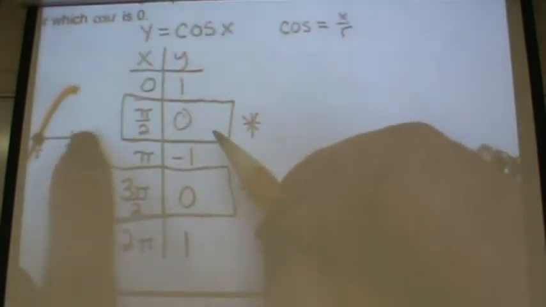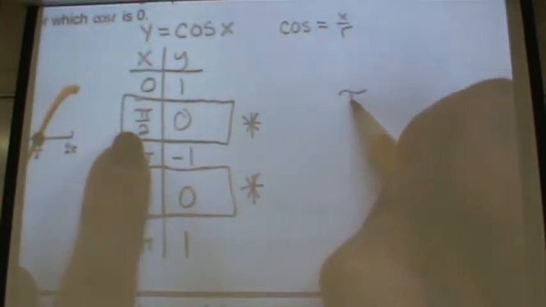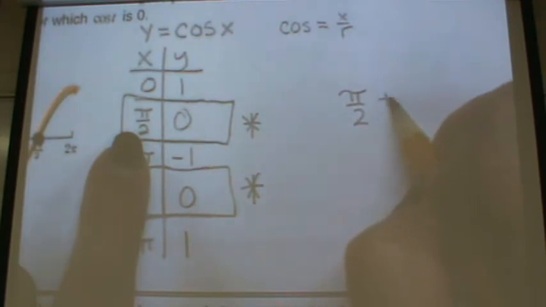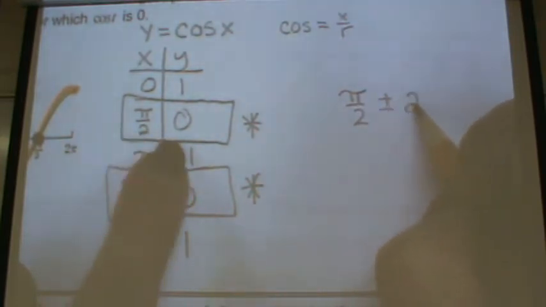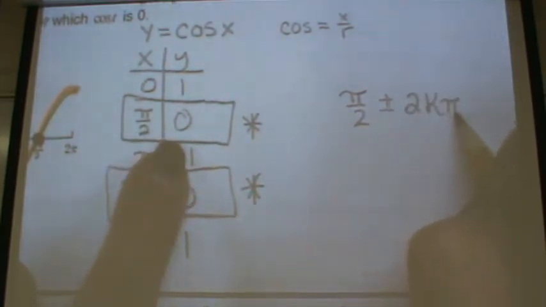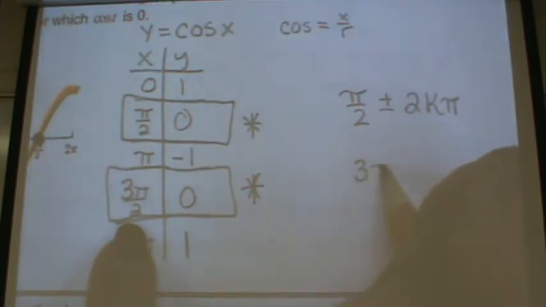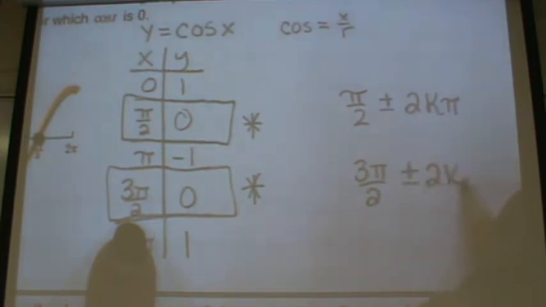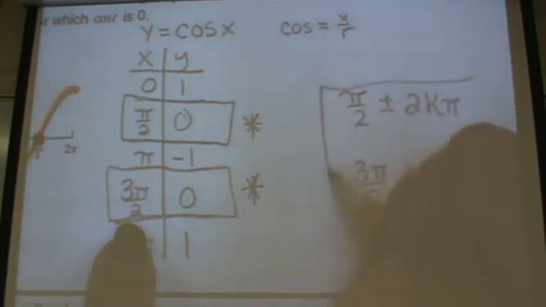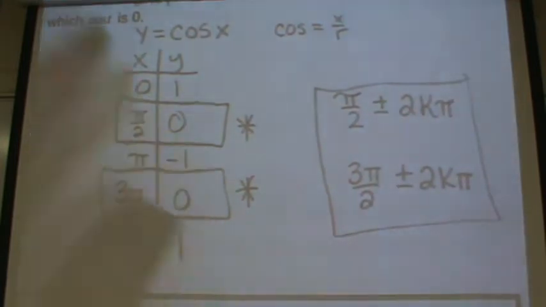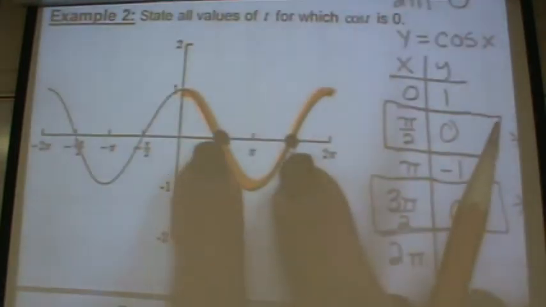So how would you write these answers? Pi over 2 plus and minus multiples of 2k pi, and this one is 3 pi over 2 plus and minus multiples of 2k pi. So there's two answers for this one, because it appeared twice.